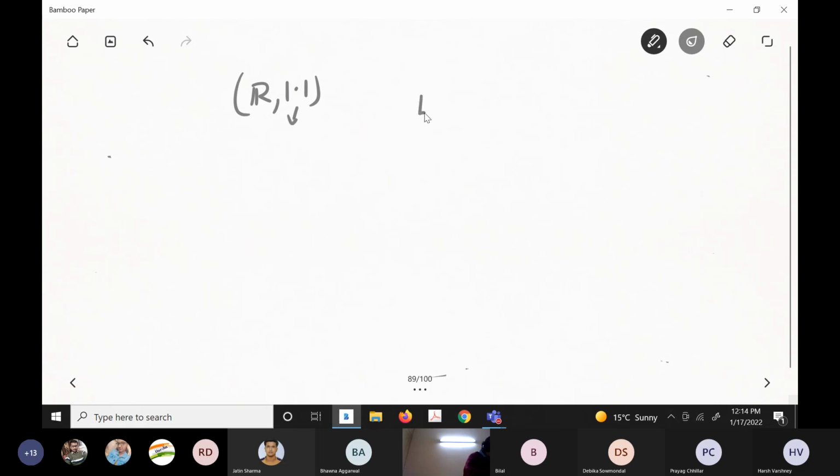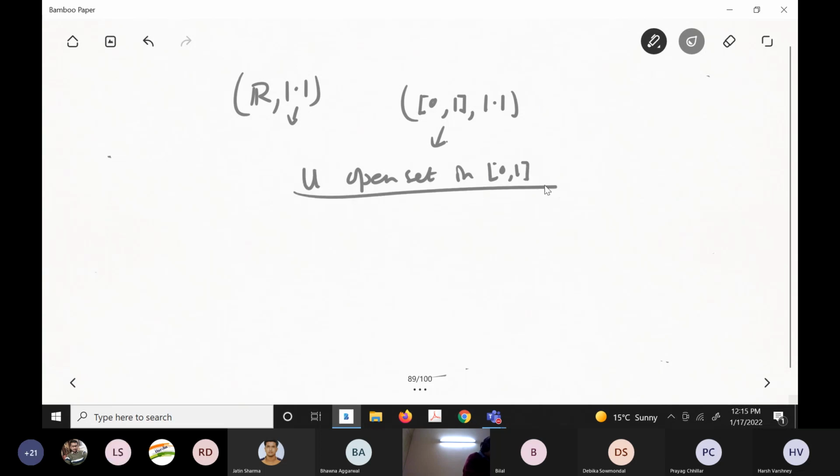If you consider the same metric on the interval [0, 1], what will be your topology there? What will the open sets be? Of course, open sets will be subsets of [0, 1]. Suppose U is an open set in [0, 1]. It can be written as this.